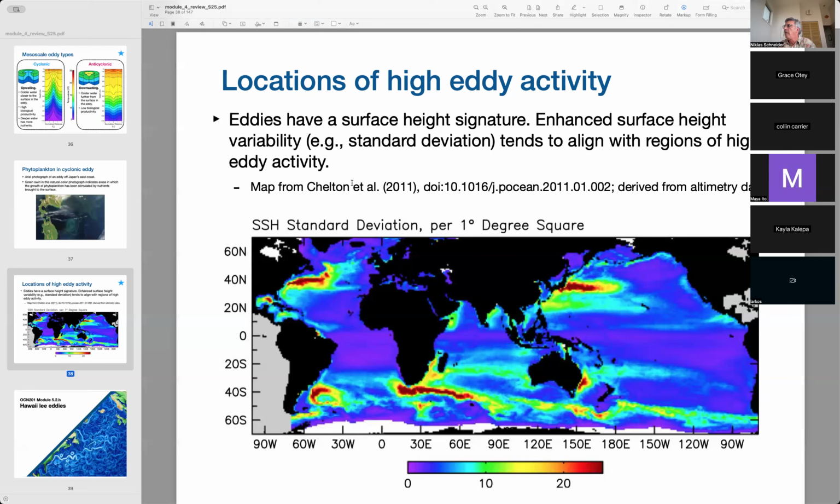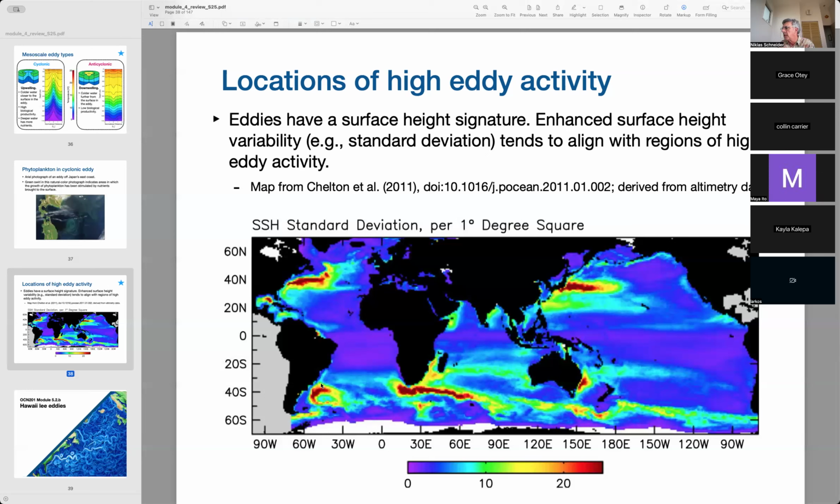Now, since they have a surface height signature, as we just said, with a high or low pressure, low pressure being cyclonic, high pressure being anticyclonic, we see that if you look simply at the standard deviation, so the variations of the pressure around the mean, then we see these areas of very high sea surface height variations, which are associated with high eddy activity in the western boundary currents of the Kuroshio, of the Gulf Stream, of the Agulhas in South Africa.